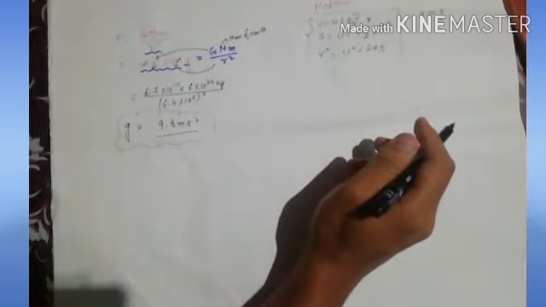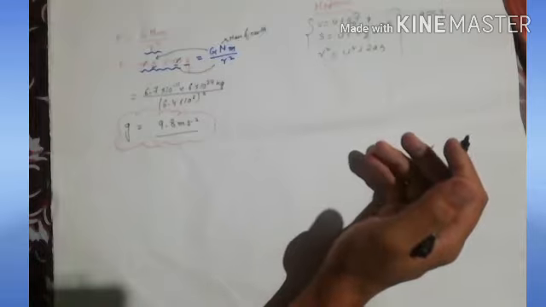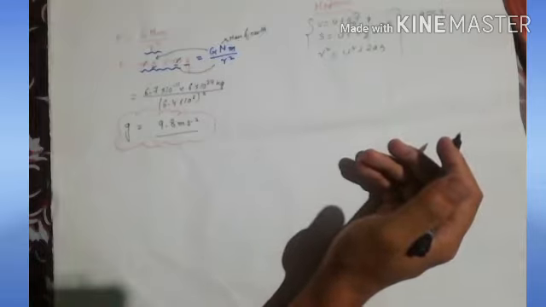Now we will solve some questions. Before solving questions, I would like to derive one more formula, the weight of any object on earth and the moon. We identify this formula first, and then we go to the mathematical problems.